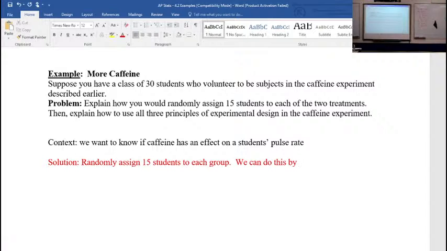is we're going to say we can do this by putting each of the 30 students' names on slips of paper.